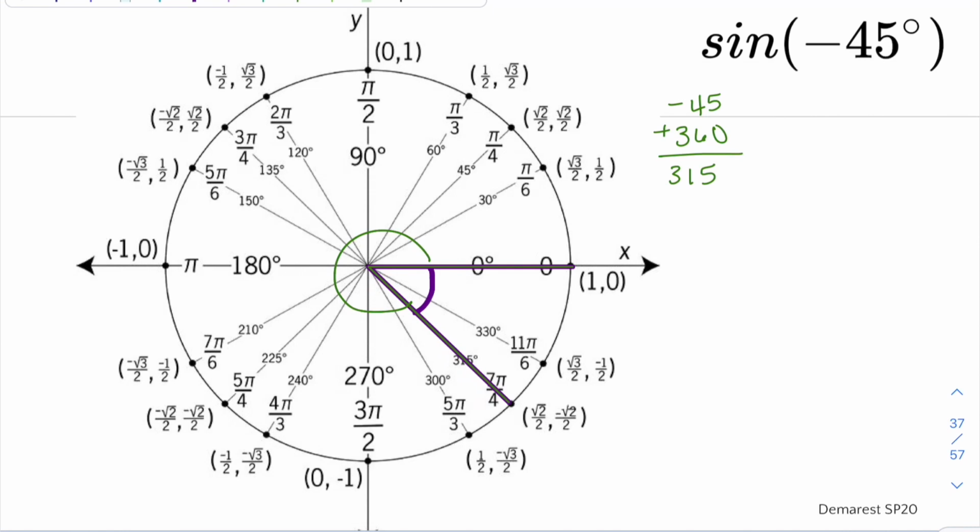And if they have the same terminal side, that means we're working with the same ordered pair. So sine of negative 45 is going to equal sine of 315. Then sine is my y coordinate, so I know that that is negative radical 3 over 2.